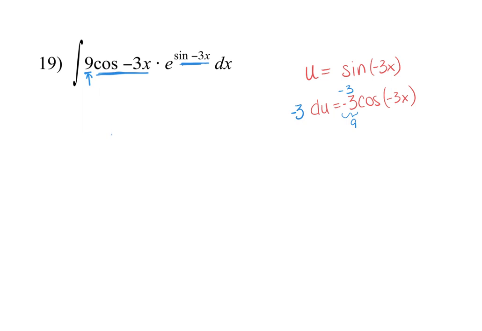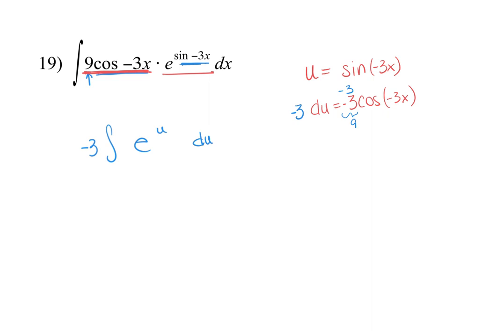Then I'm going to rewrite everything with my u's. My negative 3 du, that takes care of 9 cosine of negative 3x. Okay? And then my e to the u takes care of my e to the sine of negative 3x. Right? Then I'm just going to do my antiderivative.